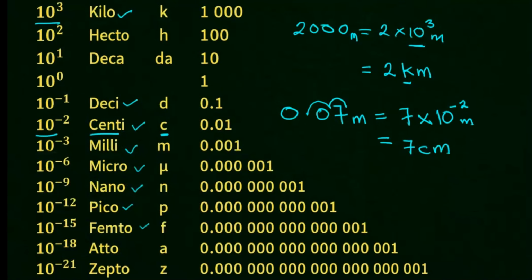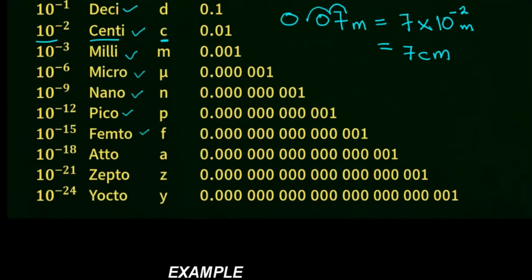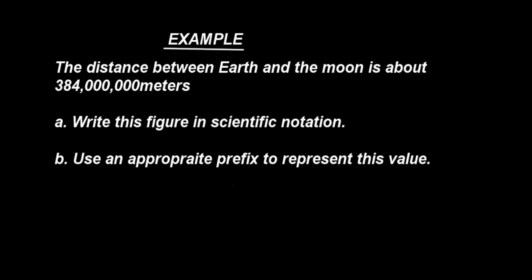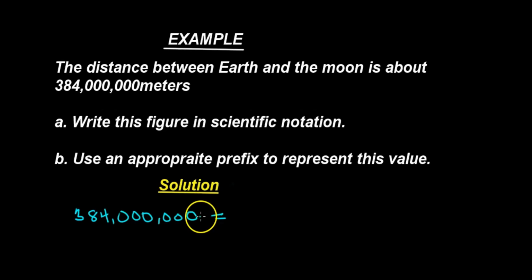So now that we know the prefixes and their values, let's look at our first example. Example 1: the distance between Earth and the Moon is about 384 million meters. A, write this figure in scientific notation. And B, use an appropriate prefix to represent this value. Now, how do you go about this? 384 million can be written as, now remember I said we have a decimal point here.